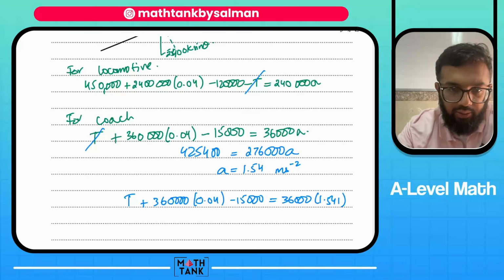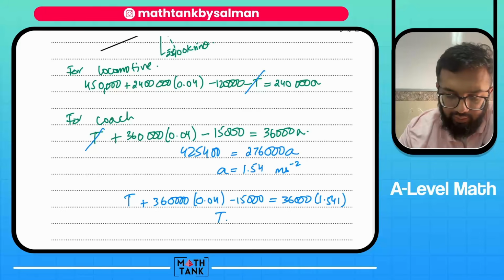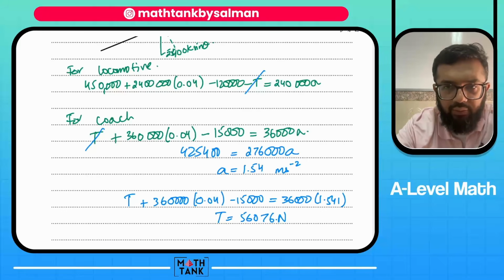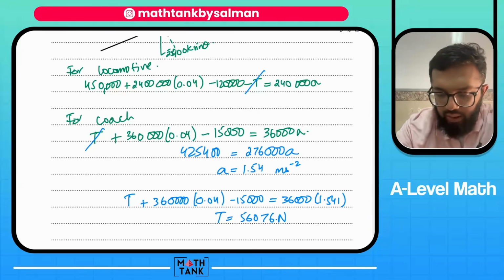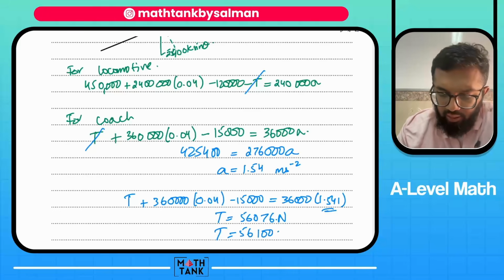Okay, I'm calculating the tension now. Coming out as 56,07. So I don't really need to round that off. That is also fine. Okay, because I have taken a decimal number up there, this has to be rounded off.